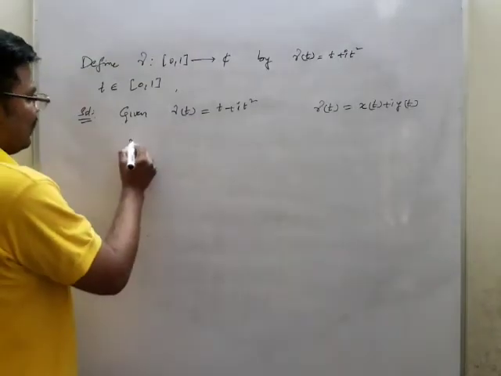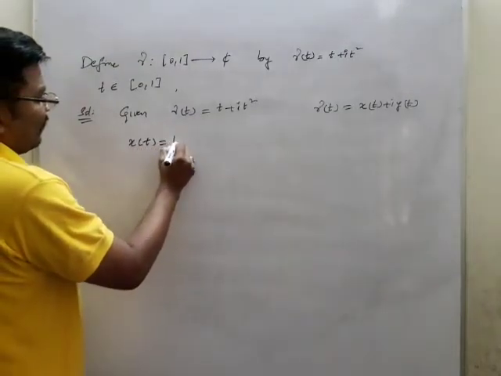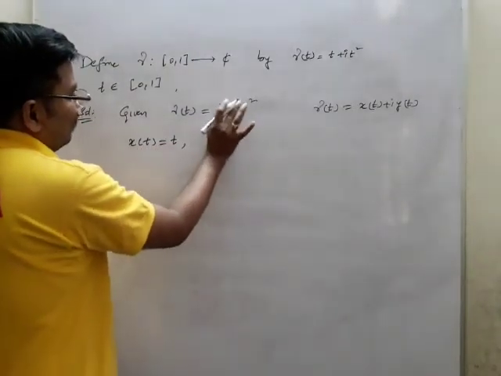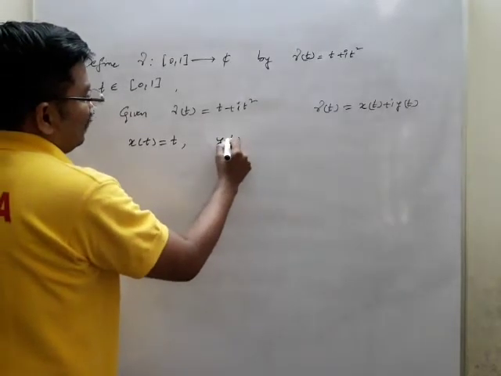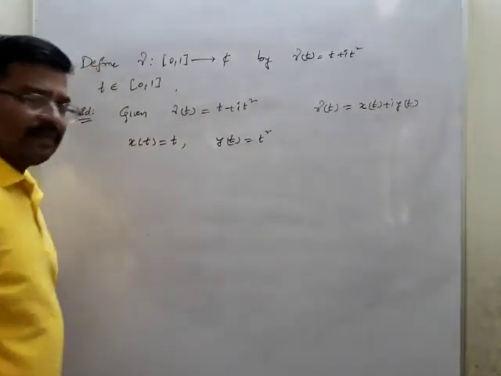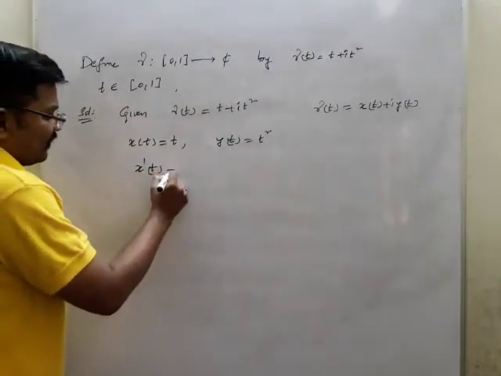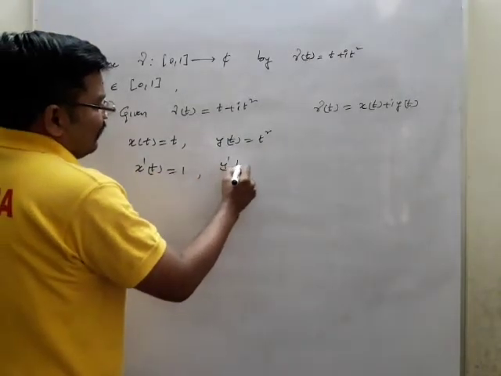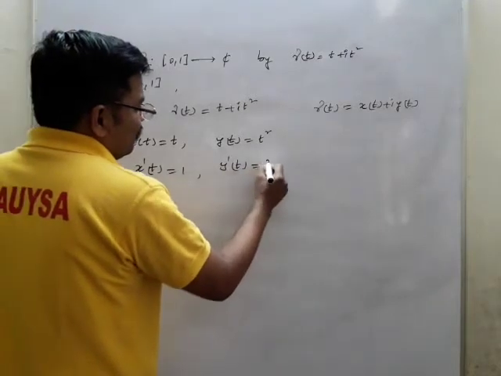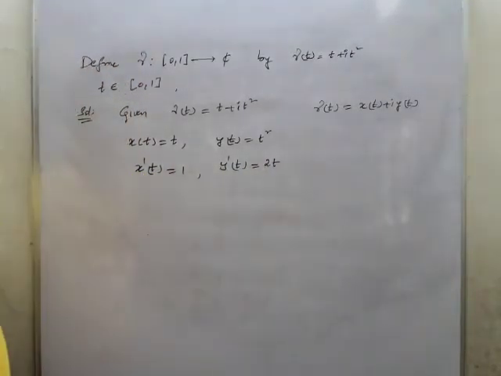So I am taking x of t is equal to t and y of t is equal to t square. Now I will write x dash of t is equal to 1, y dash of t is equal to 2t.